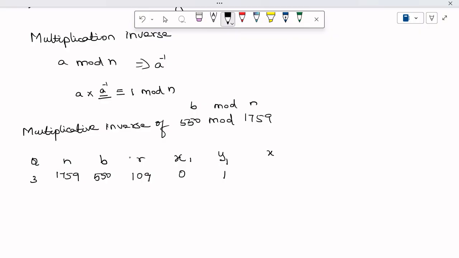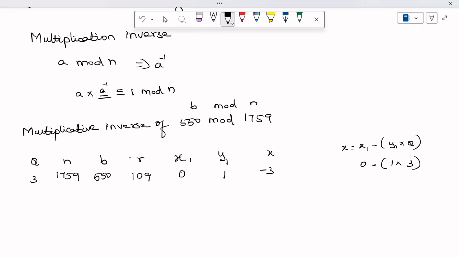Now we have to find one more parameter, that is x. Here we will use an equation: x is equivalent to x1 minus y1 multiplied by q. So what is x1 here? 0 minus y1, which is 1, multiplied by q, which is 3. So this is minus 3.